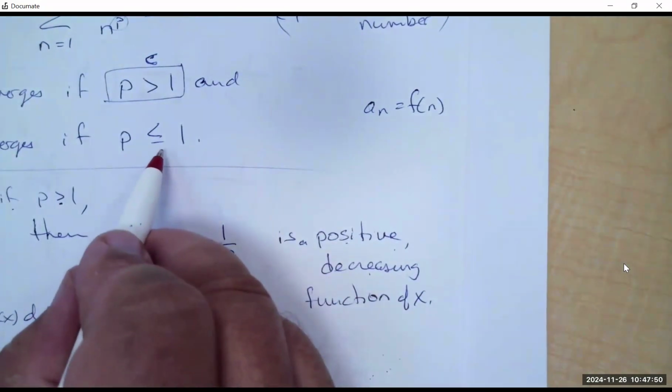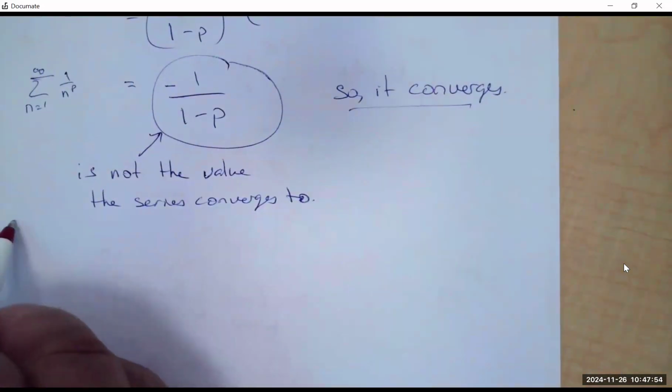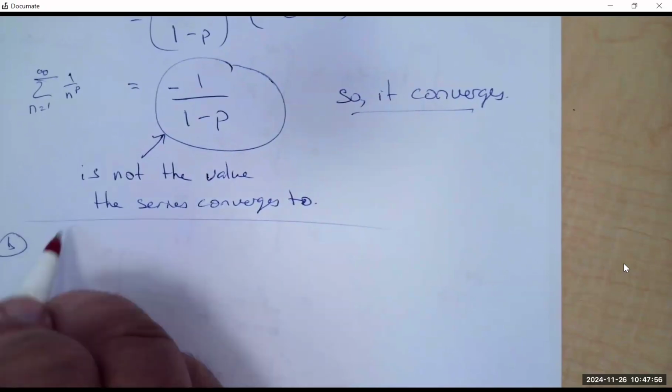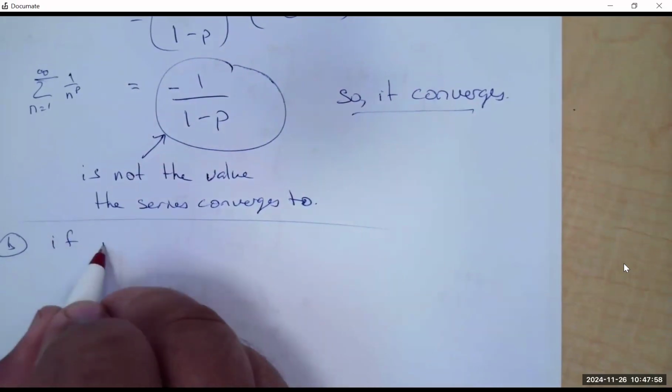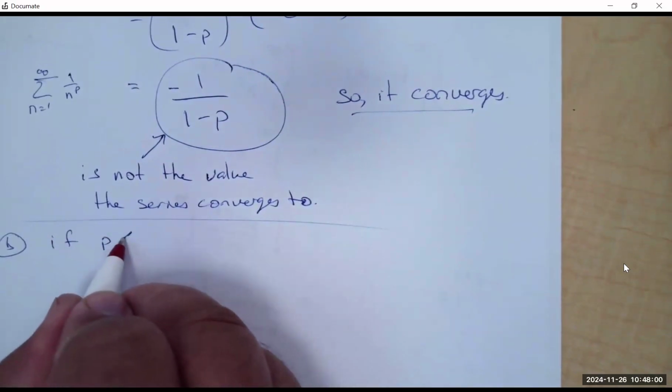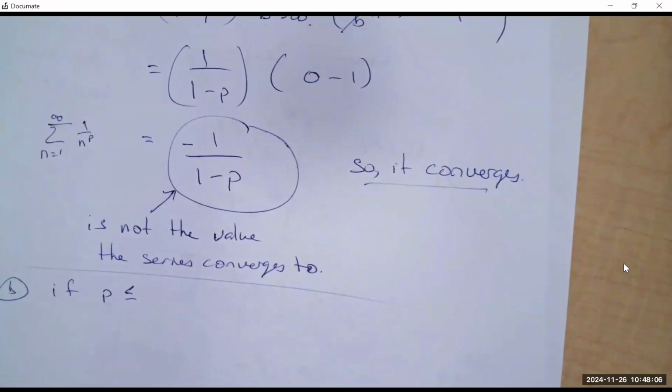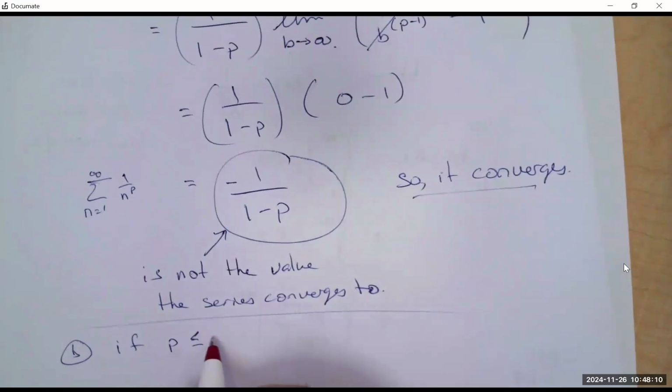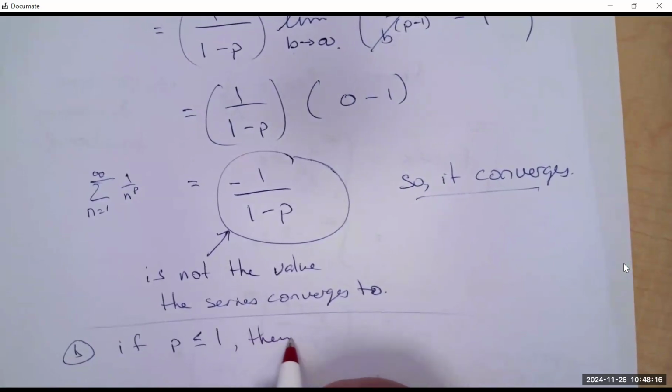What happens if it's less than 1? Part b. If p is less than or equal to 1. What happens here? What do you think is going to happen to the sequence?